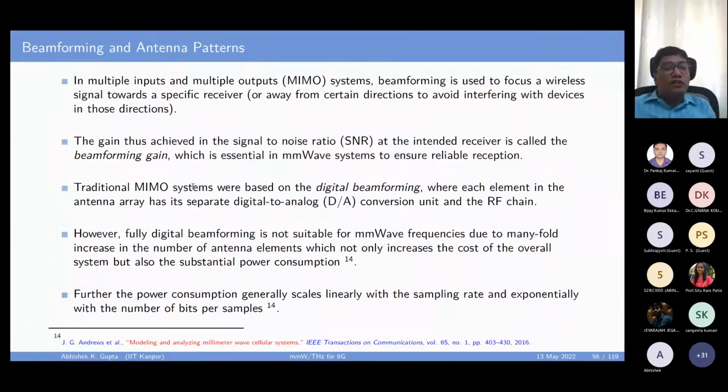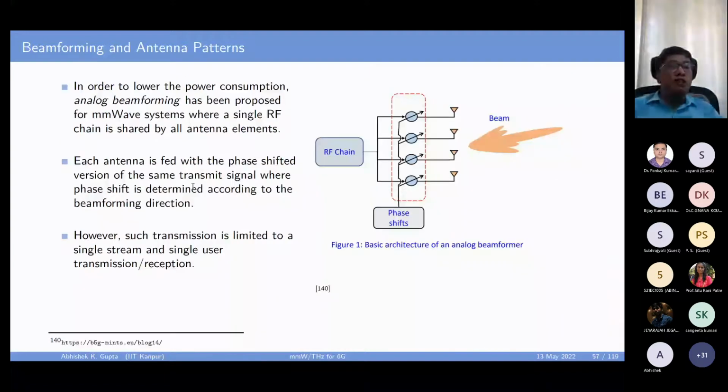And that may not be feasible because the power consumption increases linearly with sampling rate and exponentially with the number of bits.